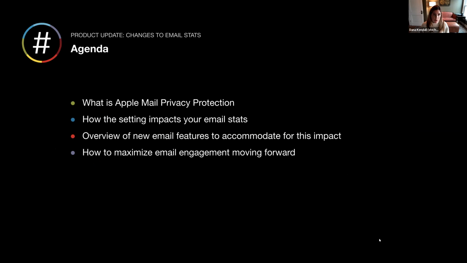So what we're going to walk through today is what is Apple Mail privacy protection, because it was like the spark that drove us to introduce these new features. How the new settings impact your email stats.